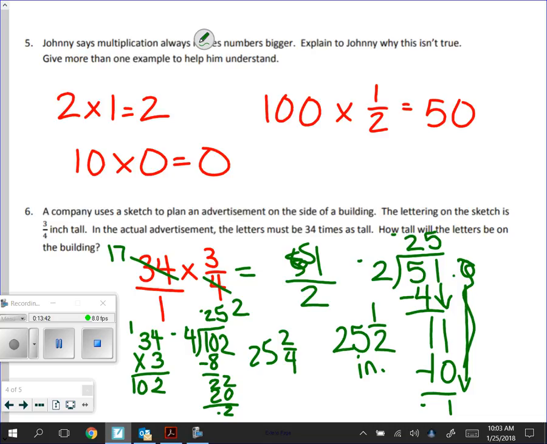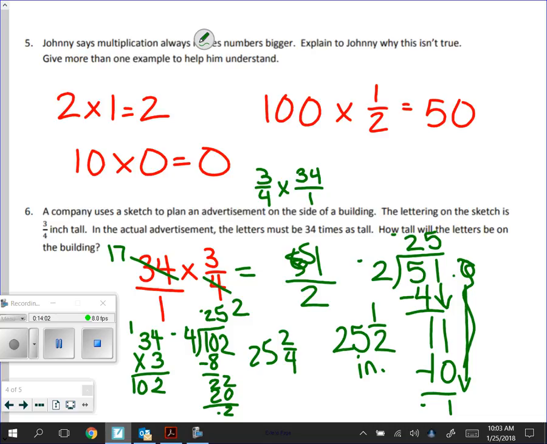So I want to think about, would it make a difference if we put it in the other order of 3/4? I'm just curious. 3/4 of 34. I want to see if it makes a difference, because sometimes if you do numbers in the opposite order, it matters, and you're saying no, it doesn't matter.